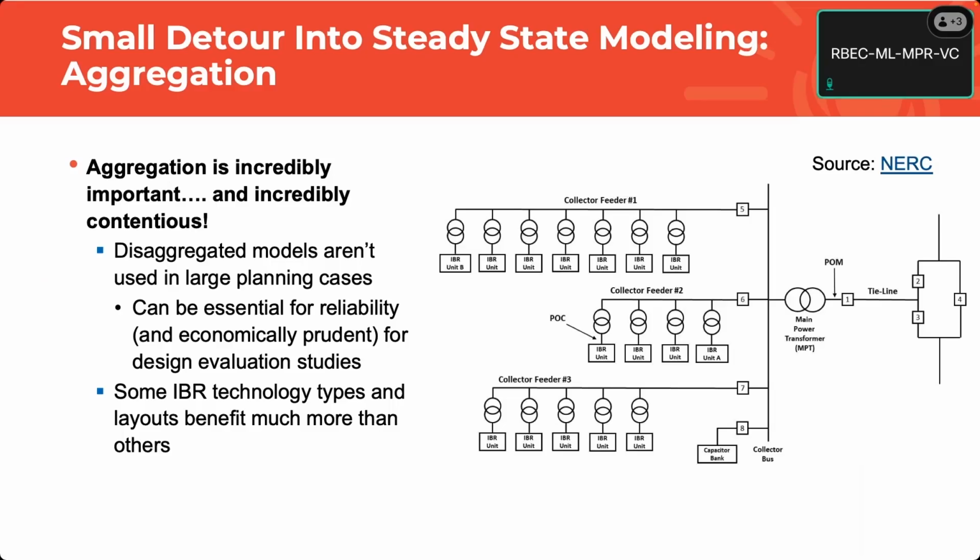So I'm going to pick numbers and Andrew will fix them. Let's step back a second. The difference between an aggregated and disaggregated model representation, as far as flows through the point of interconnection, varies pretty significantly between a BESS or a PV plant, where a battery energy storage or a PV plant has a relatively small collector system.